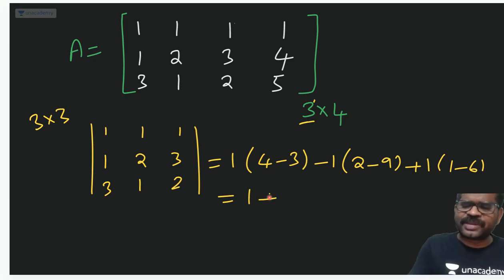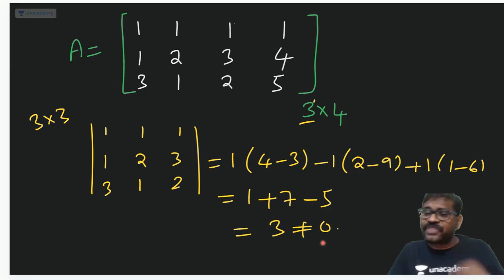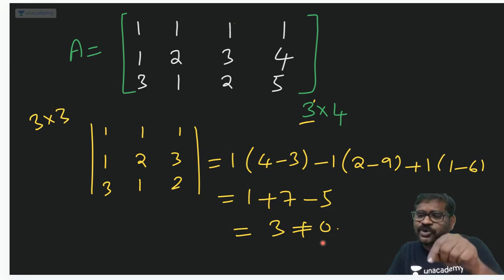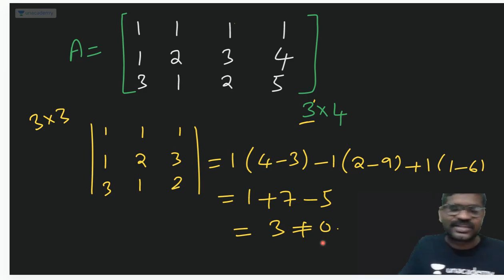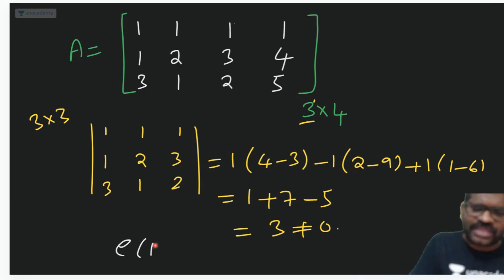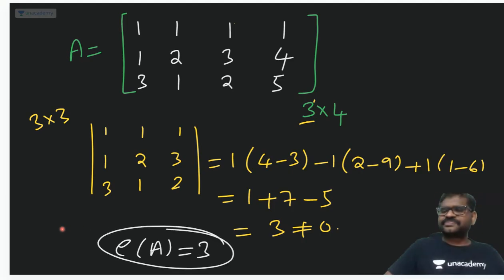Minus 7 into minus 1 is plus 7. Minus 5. That is 8 minus 5, 3, non-zero. If the value is non-zero, then rank is its order. Rank of A is 3. Understood?